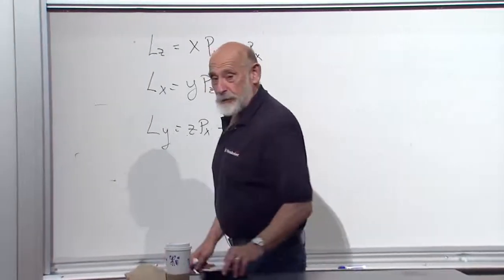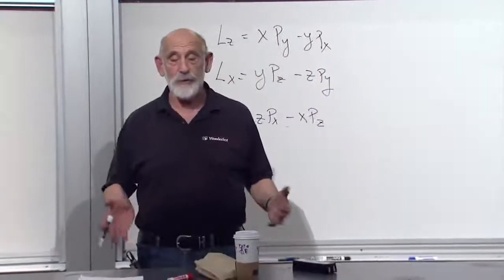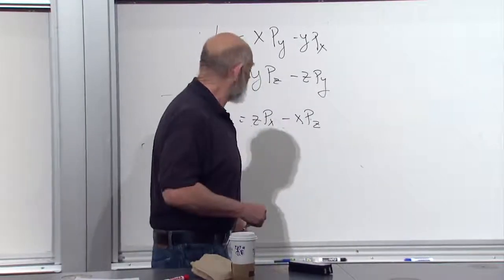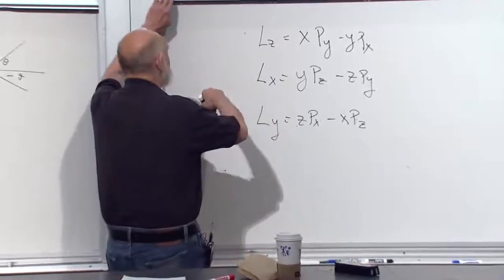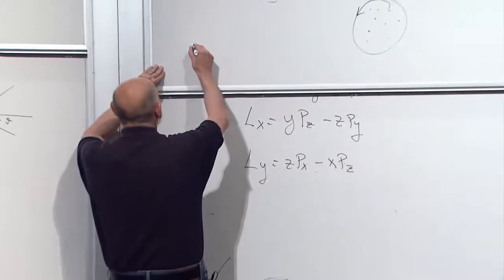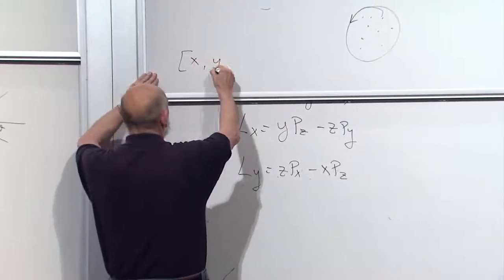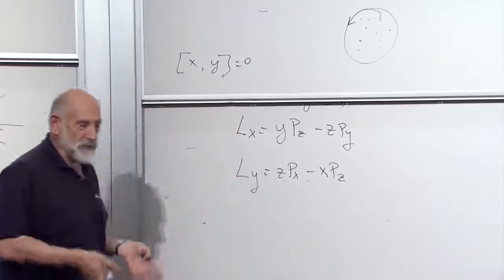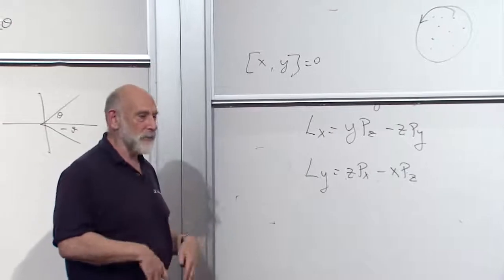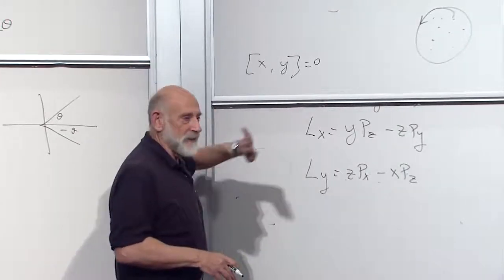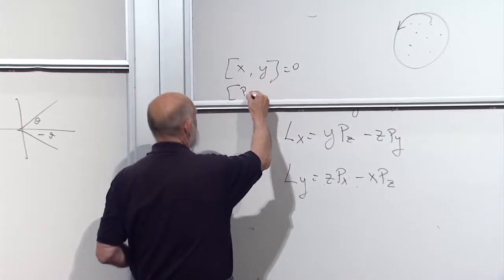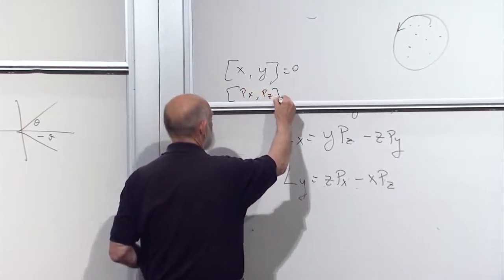What do we need to do? We need to know the commutation relations between x, y, and z on the one hand and px, py, and pz on the other. Any x with y or z is always equal to 0. x with itself is 0. They commute. The p's commute with each other.